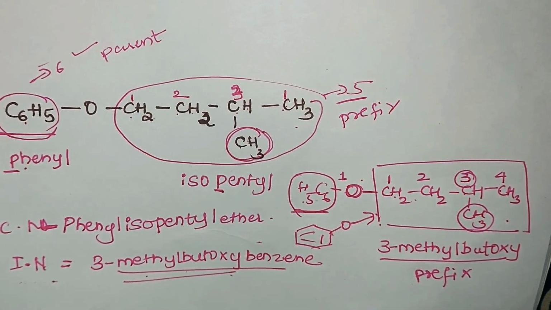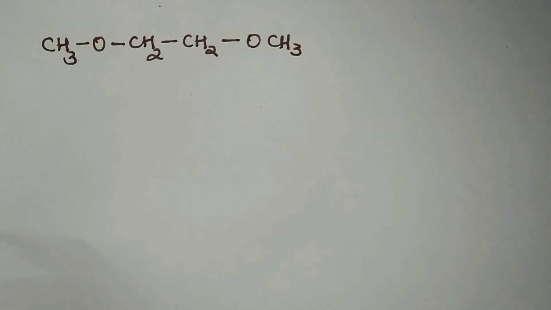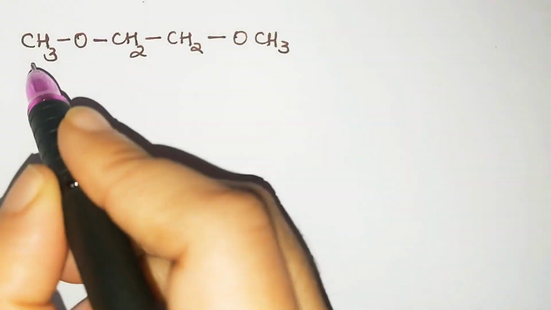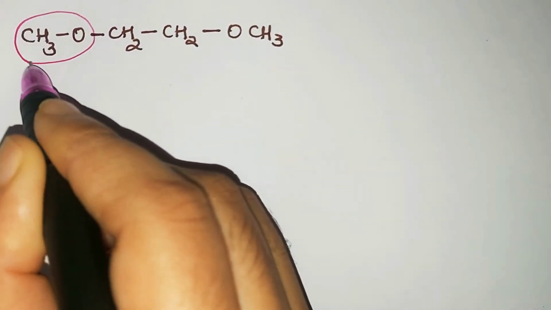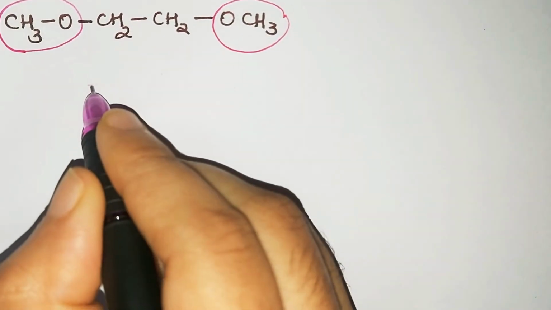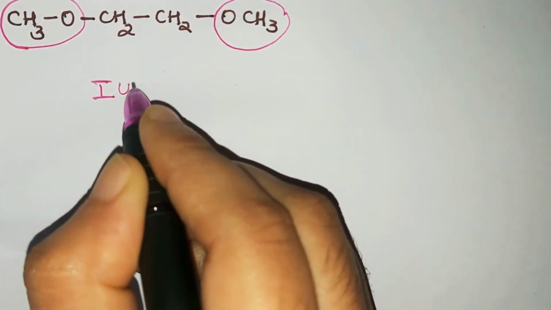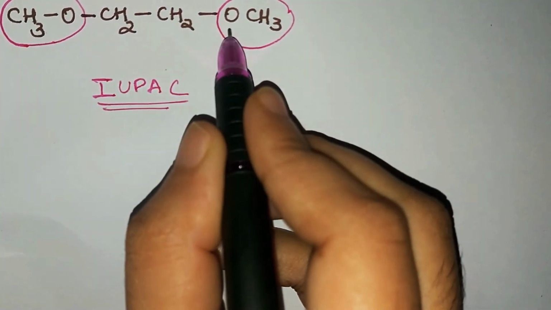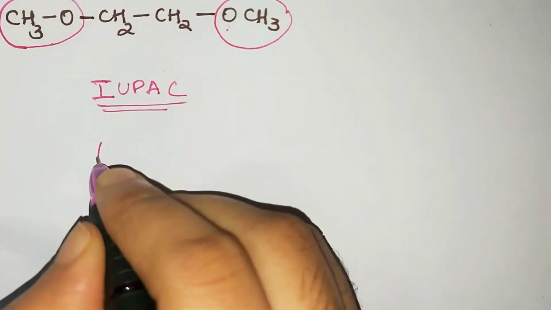We'll consider another example. When you consider this example, you can observe here you are having CH3O, CH2, CH2O, CH3. So how many alkoxy groups do you have? 2 alkoxy groups. We'll write the IUPAC name for it. Whenever you are having more than one substituent, here you are having 2 substituents, you number the carbon atoms and specify them.